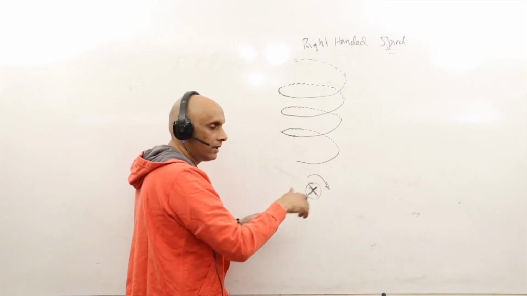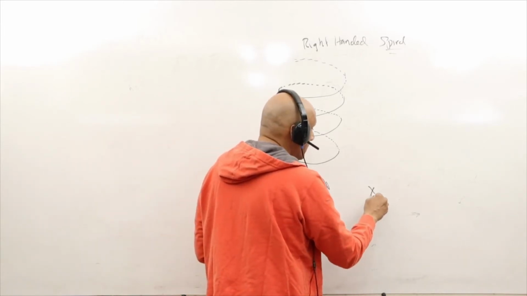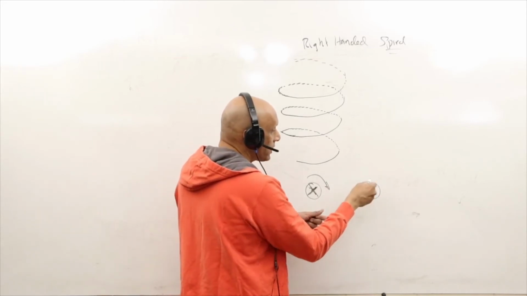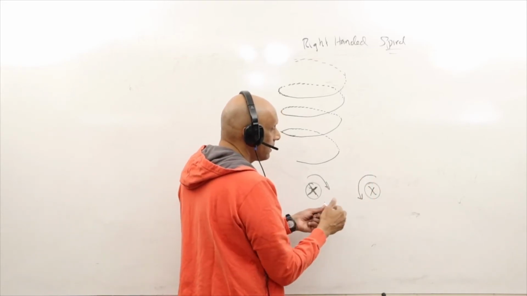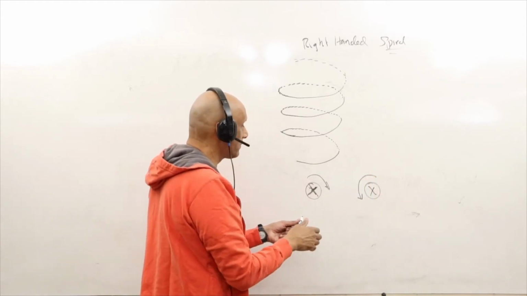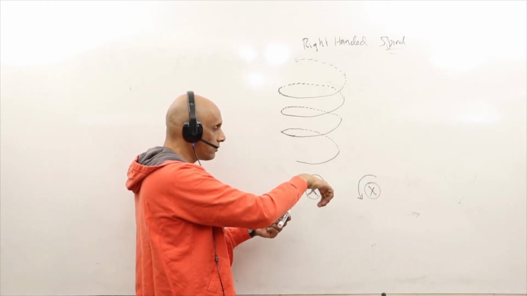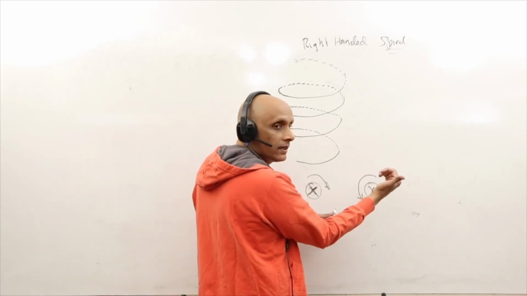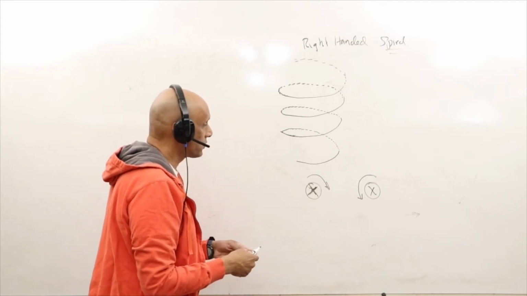If I take a screw and I turn in the opposite direction, it comes out. Right-handed screws are made so that when you turn in one direction, they go into the board. If you turn in the opposite direction, they come out of the board. Okay, so that's a right-handed screw.